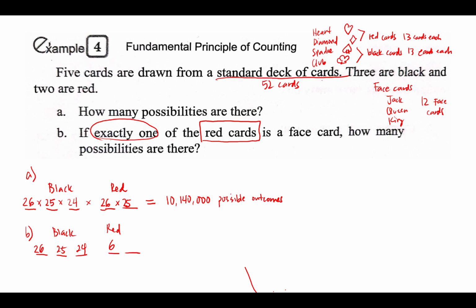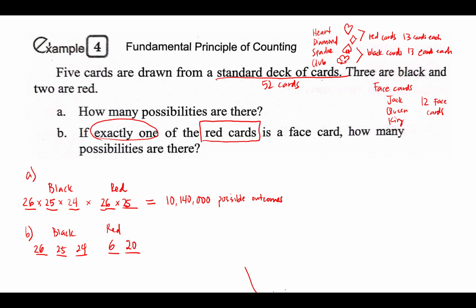So, since we have exactly one face card, for the next red card, we only have 20. Because from the 26 total red cards, we remove the face cards and there are 6 face cards.